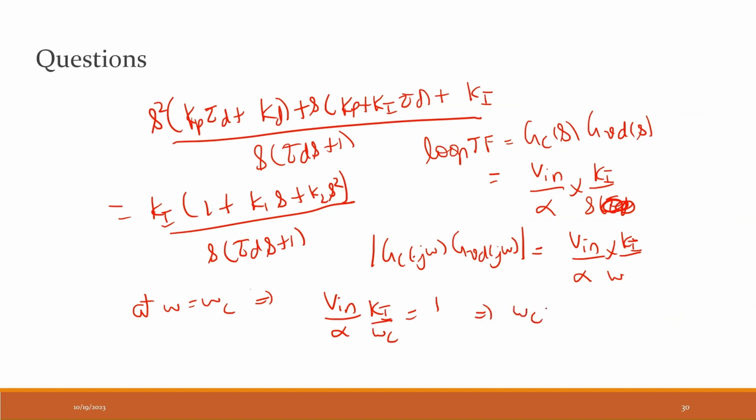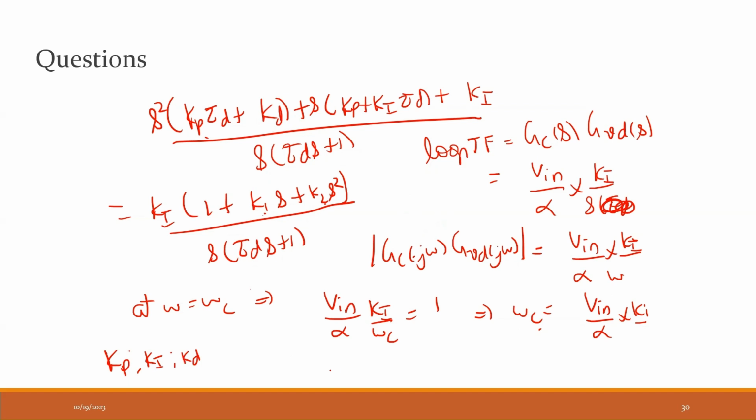So we get the omega crossover frequency to be Vn upon alpha into Ki. Okay, so the omega crossover frequency is given, and based on that, we get Ki. And because we had done full zero cancellation, we can get K1 and K2. And from that, we will get the value of Kp and Kd. So that is how we get Kp, Ki, and Kd.